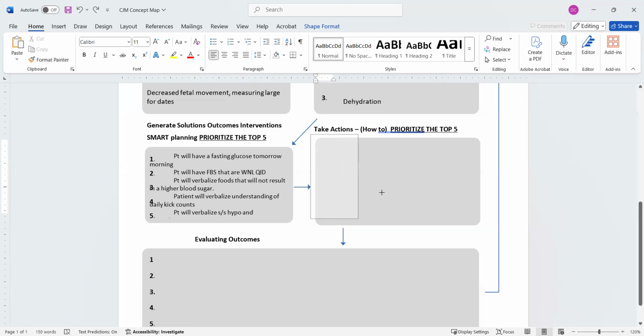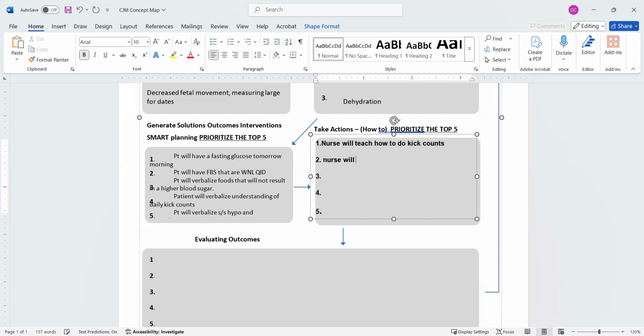So, I hope you picked kick counts. Nurse will teach how to do kick counts. That's one of them. Okay. Nurse will teach. Let's think about the next one then. What one could cause more trouble than the other four?